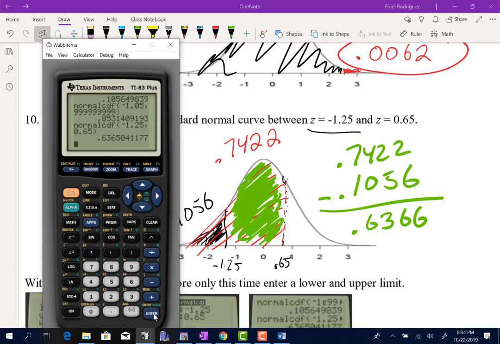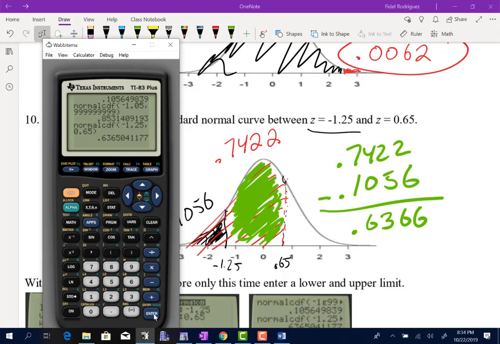So, again, guys, just to show you one more time on this calculator, depending on the way yours looks, normal CDF. I'm just going to switch back real quick so we can see our lower boundary was negative 1.25, our upper boundary was a positive 0.65.